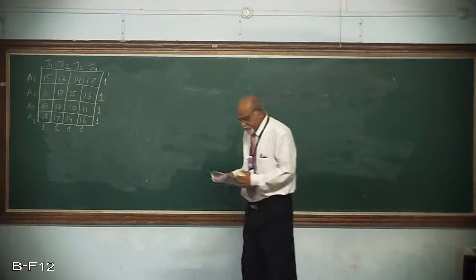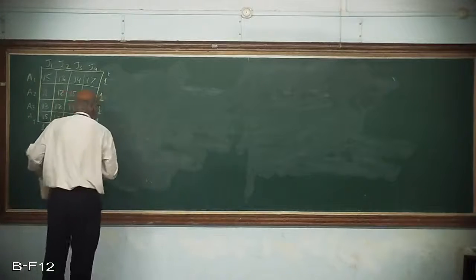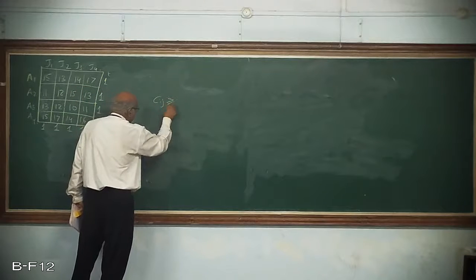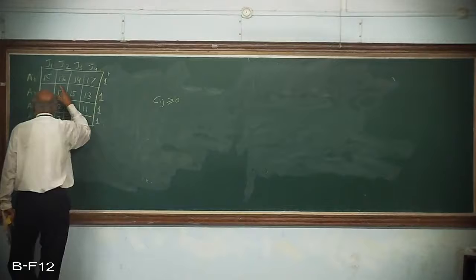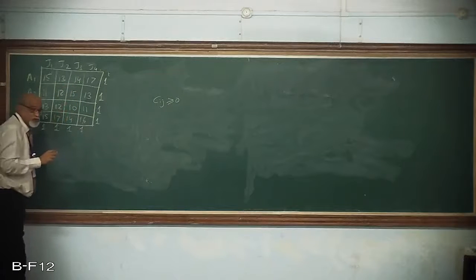And the second theorem states that if all Cij's are greater than or equal to 0, that means whatever values I have given, they are all maybe 0 or greater than 0. No question of negative.